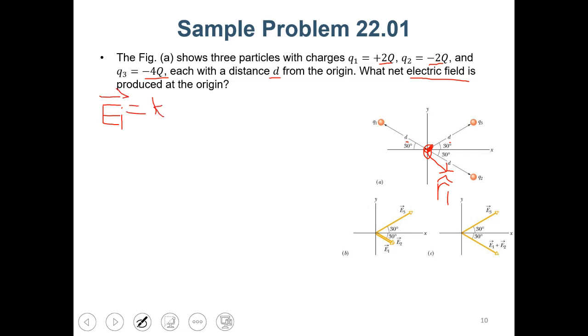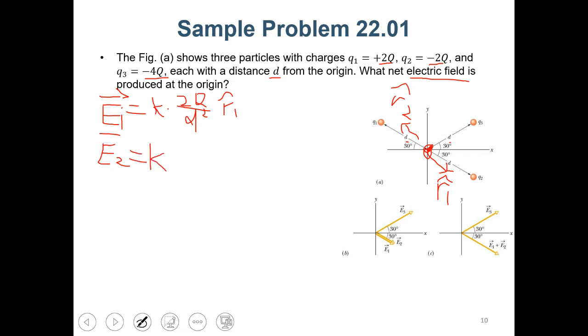K times Q1, which is 2 capital Q, over D squared, R1 hat. And E2, maybe I just define R2 in this direction.